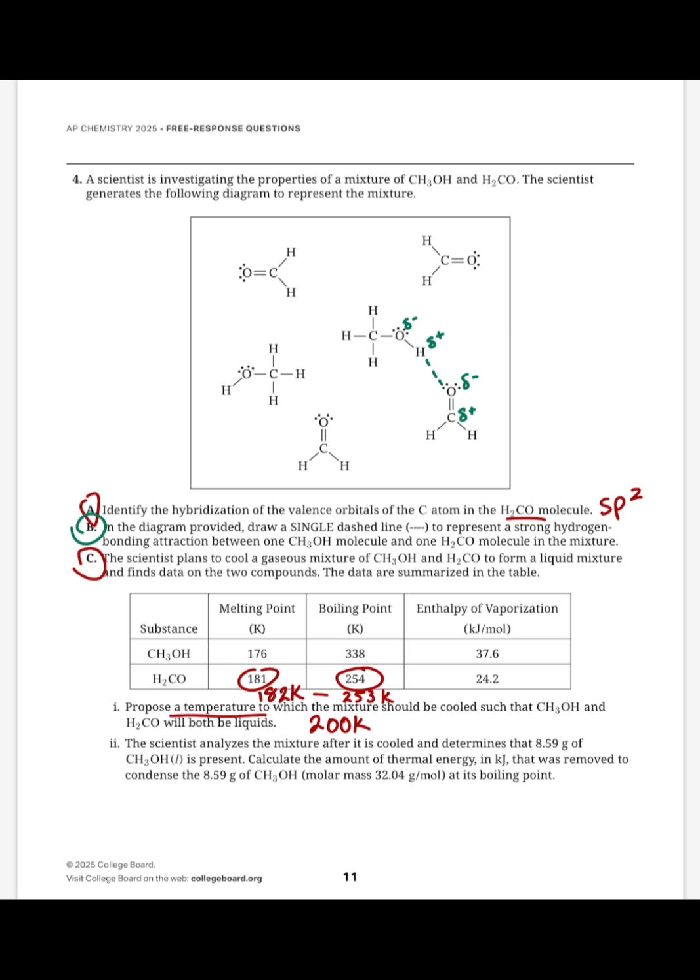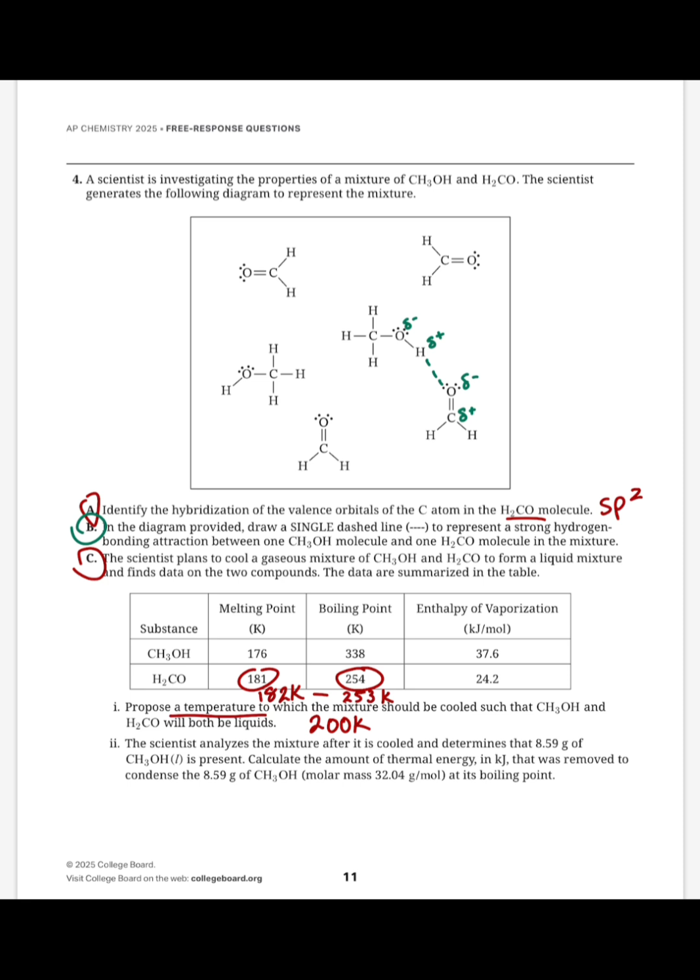For part II, it says the scientist analyzes the mixture after it is cooled and determines that 8.59 grams of the methanol liquid is present. Calculate the amount of thermal energy in kilojoules that was removed to condense the 8.59 grams of methanol with the molar mass at its boiling point.